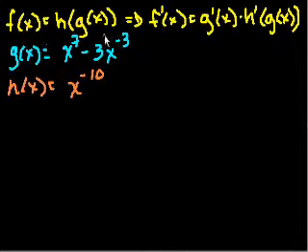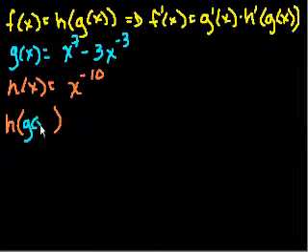So what is f of x? F of x is just h of g of x. And this should be a bit of a reminder from composite functions. So h of g of x would just be, you take g of x and you substitute it for x here.